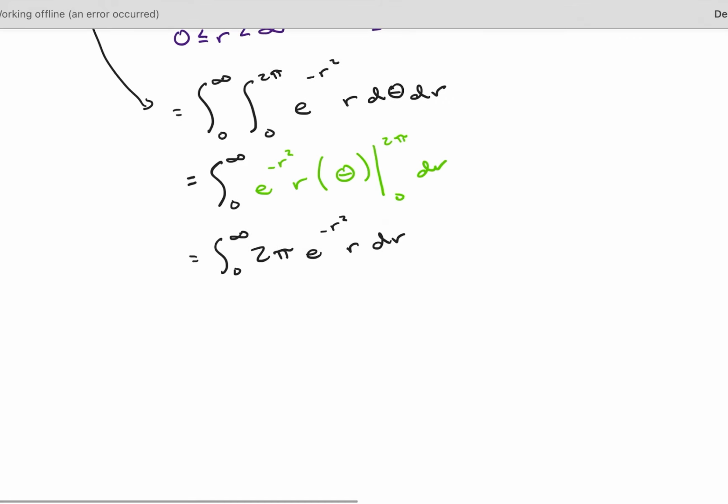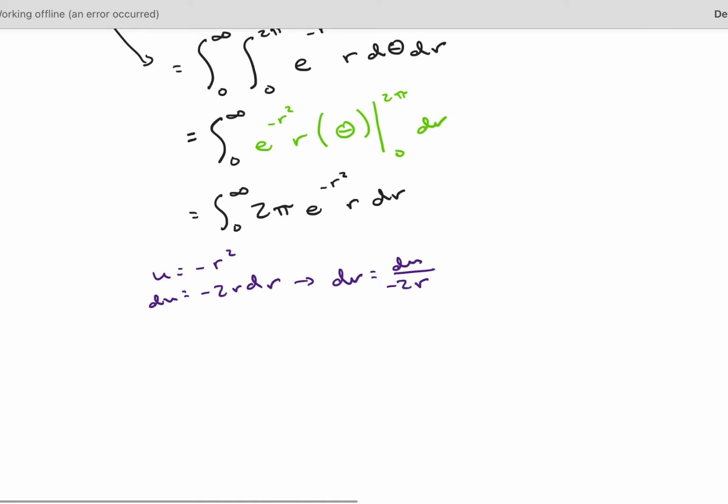All right, so we're well on our way here. Next, we're going to do some u substitution. If I make u equal to negative r squared, du is going to be negative 2r dr, which means that dr is du over negative 2r. Let's plug that substitution in.